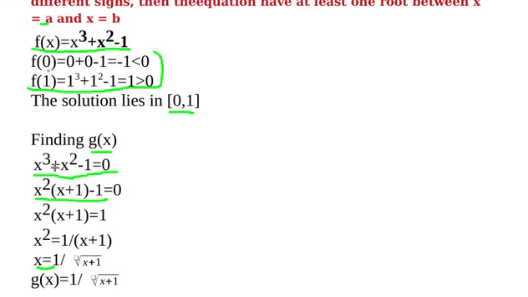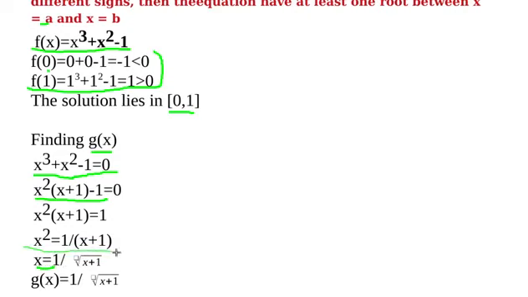So x square into x plus 1, then minus 1 equal to 0. We can rewrite the equation in this form: x square into x plus 1 will be equal to 1. Take the 1 to the other side, and x square is equal to 1 by x plus 1. So x will be equal to 1 by root of x plus 1.